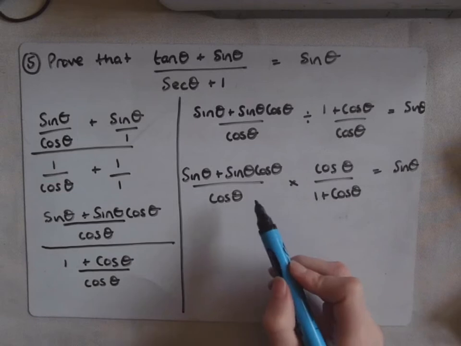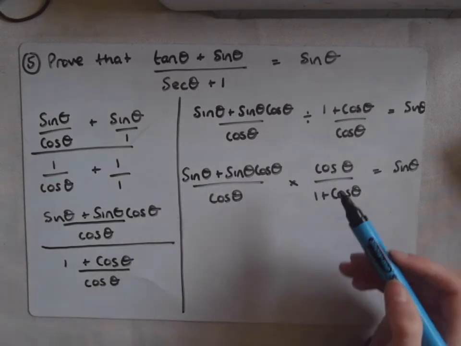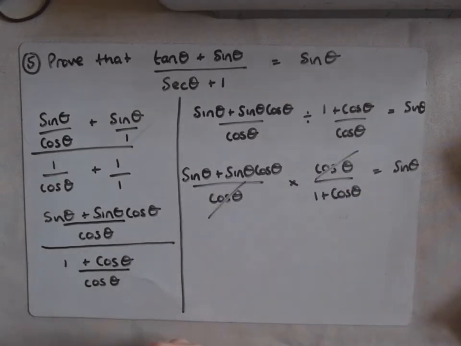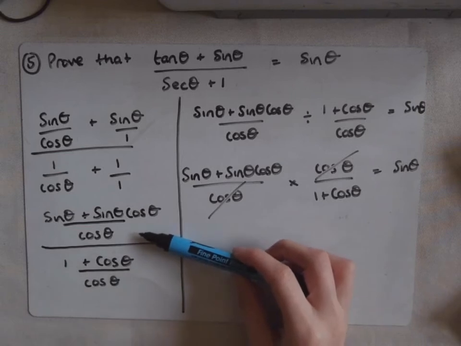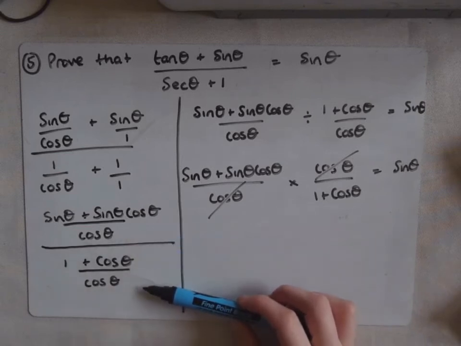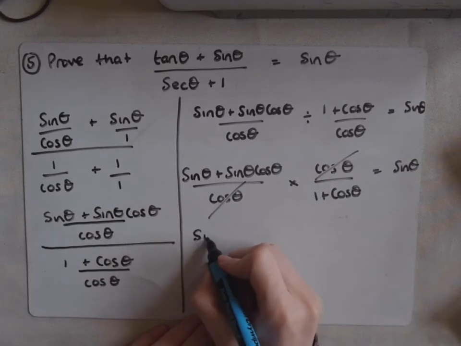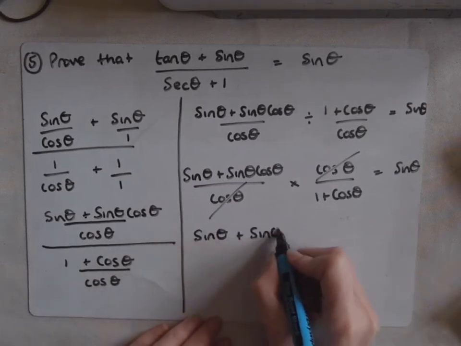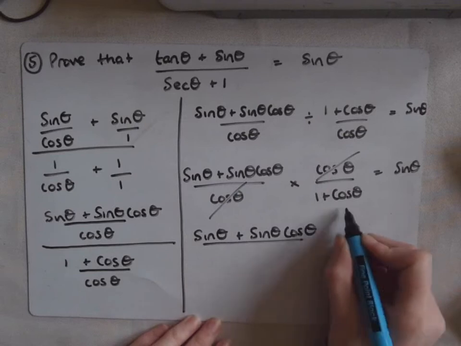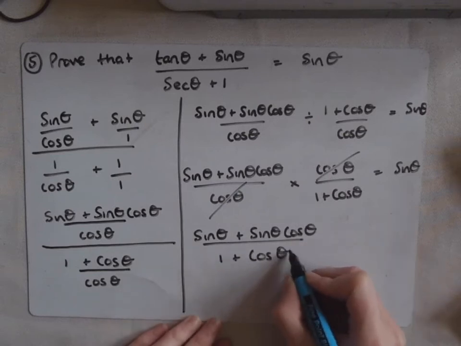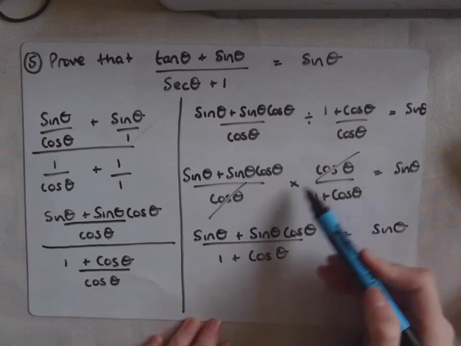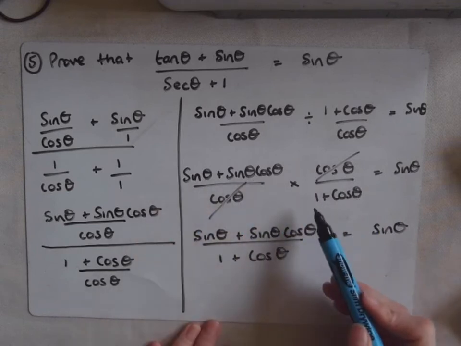Multiplying means top by top, bottom by bottom, and I can cancel those two. A shortcut here: if ever you have the same common denominator on the top and on the bottom, you can cancel them straight away. So I could cancel that cos theta and that cos theta, and what I'd be left with is sine theta plus sine theta cos theta over 1 plus cos theta. There's my top line, there's my bottom line.